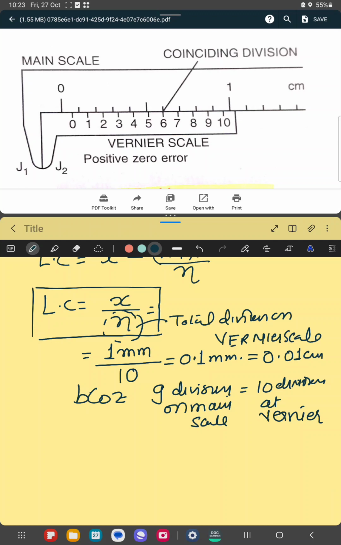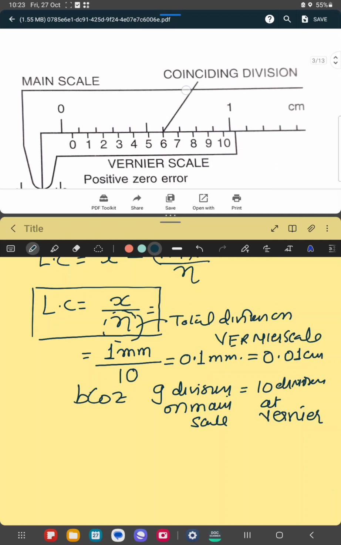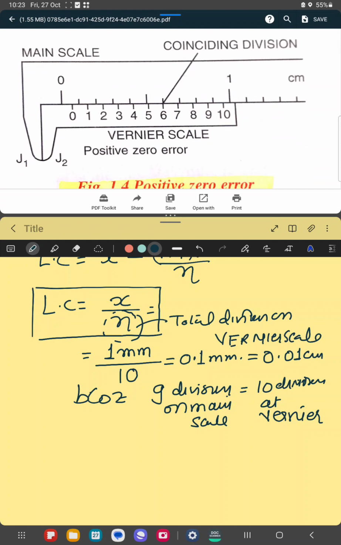Now similarly, let's quickly calculate how we will take the reading.